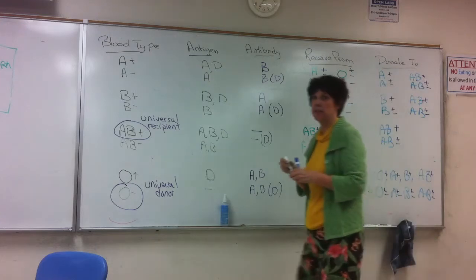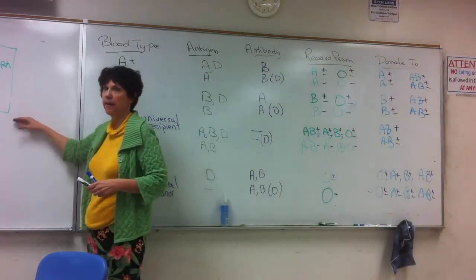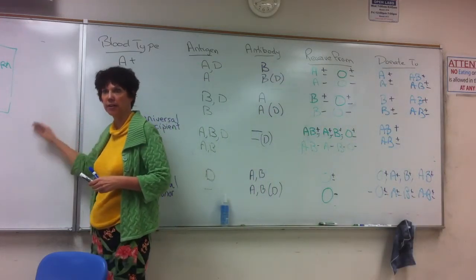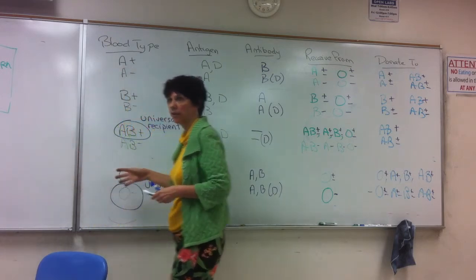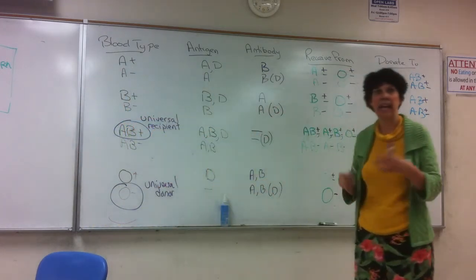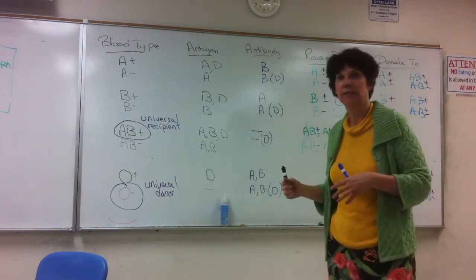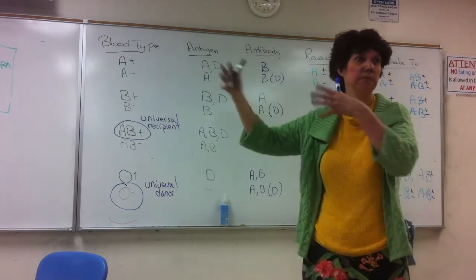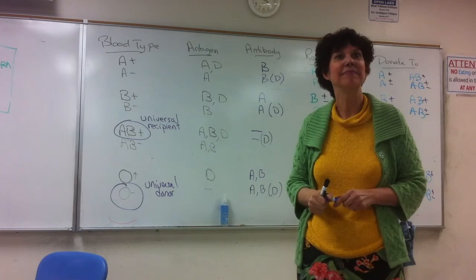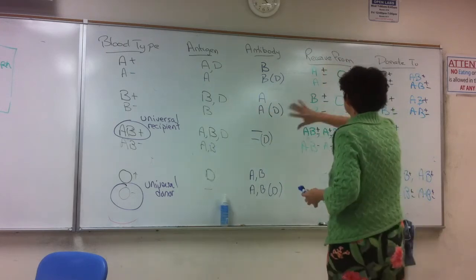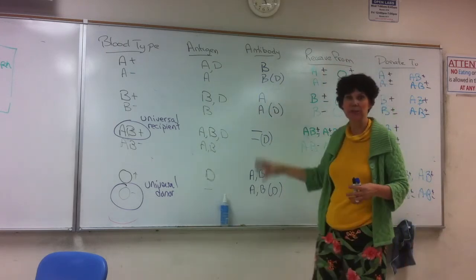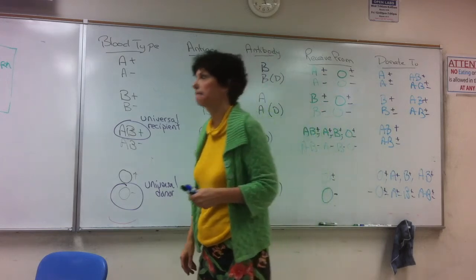It's a box, and you just mark. So it'll be like AB positive, AB negative, whatever, and then you mark the ones that work or don't work. And they're worth like half a point for each answer, or a quarter point for each answer, whatever. So I'm not going to have you fill this entire thing out, but I'll choose a couple of those.